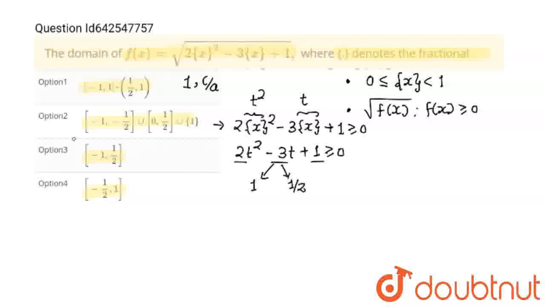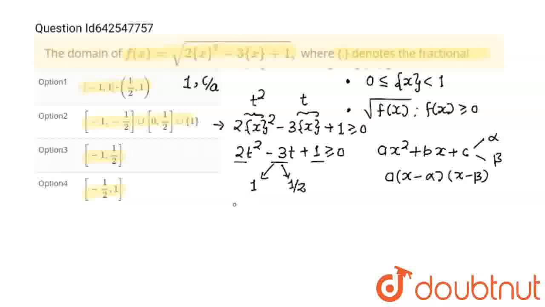1 by 2. Now I am going to write this quadratic in factorized form. For any quadratic ax squared plus bx plus c, if its roots alpha and beta are known, it is a times x minus alpha into x minus beta.